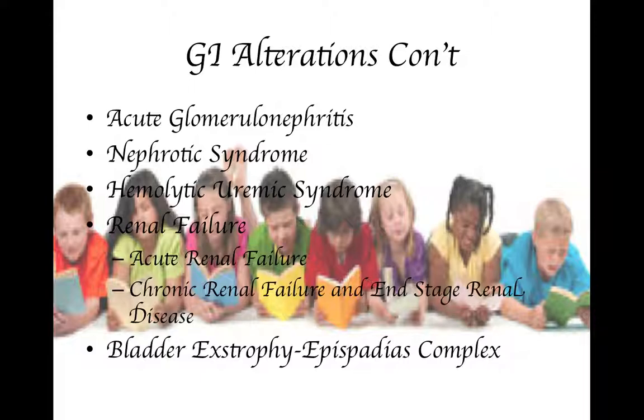When we look at nephrotic syndrome, this is a clinical entity characterized by massive proteinuria leading to edema and hyperlipidemia. Clinical manifestations: these children exhibit some of the same symptoms as other children with renal failure. Edema is usually the first clinical feature.